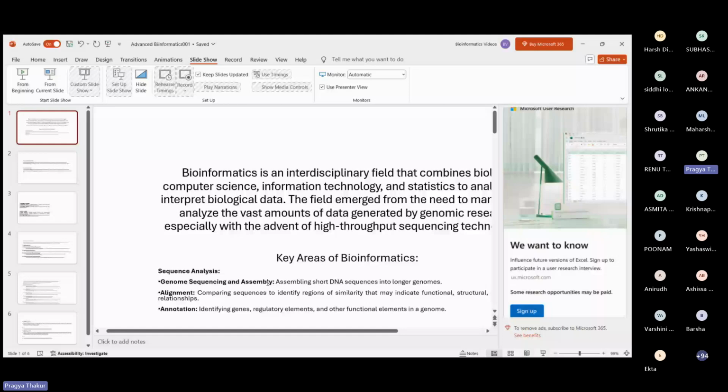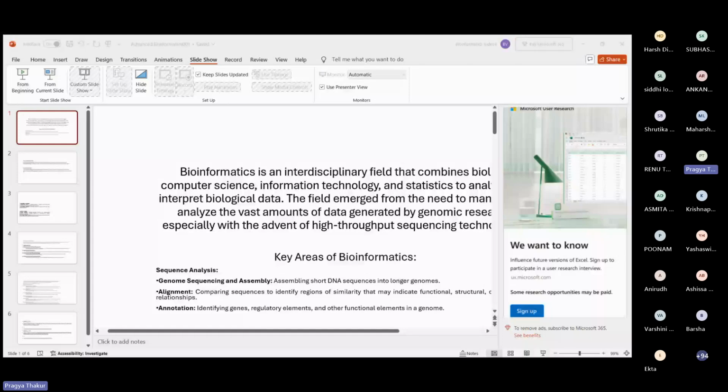So what is bioinformatics? Basically, bioinformatics is a combination of two major fields, biology and information technology.